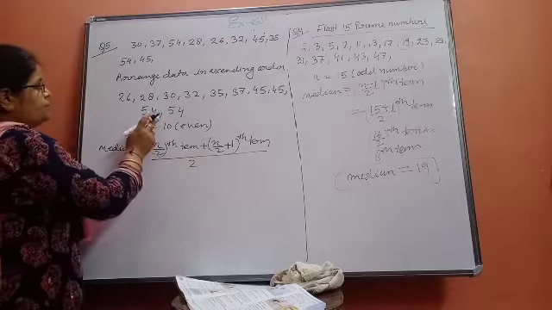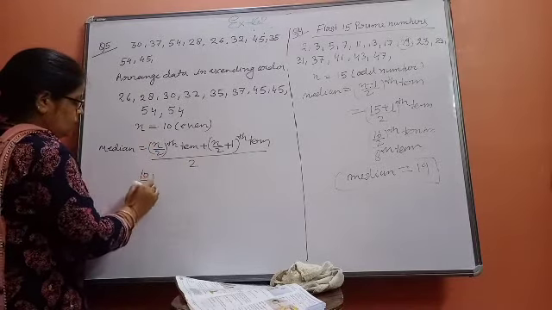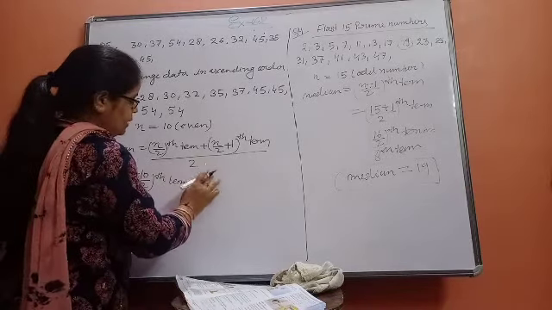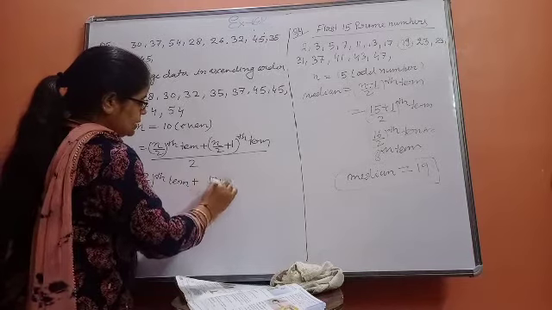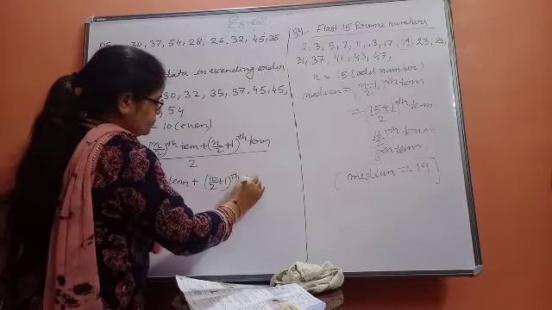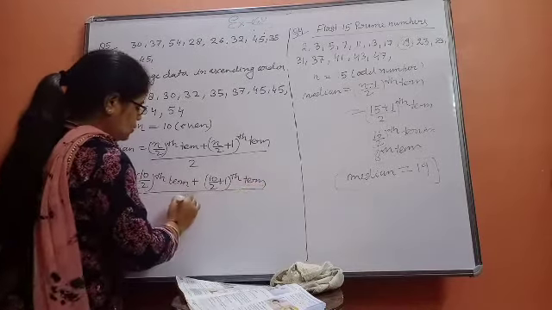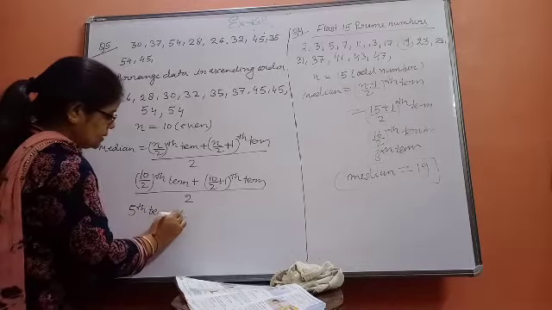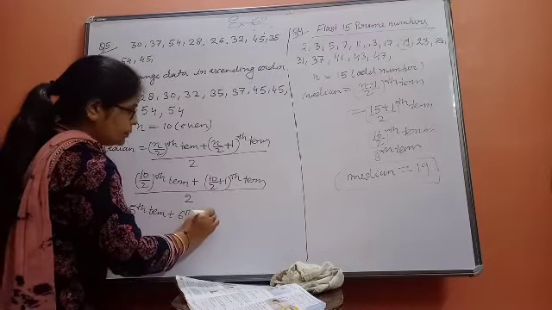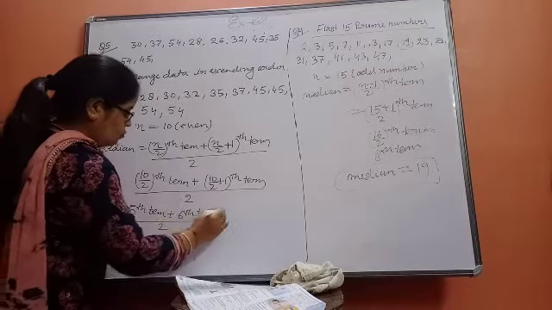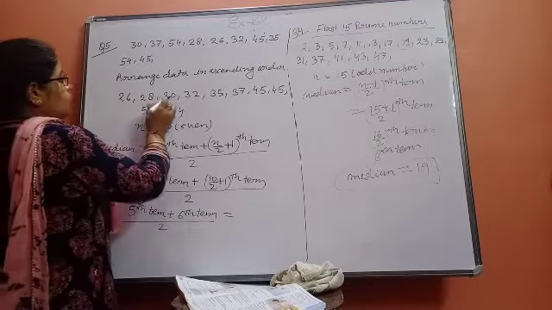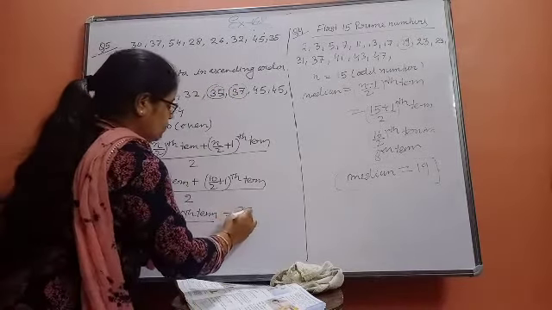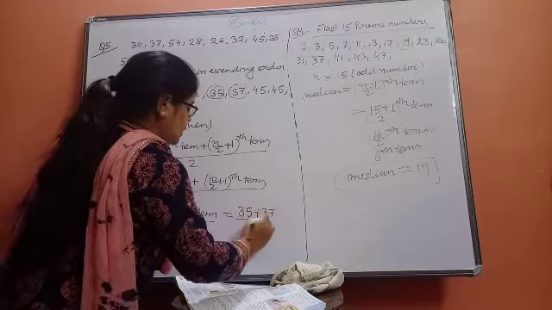So n upon 2 means, beta, 10 upon 2, th term, always write this, plus n upon 2 plus 1, that is 10 upon 2 plus 1, th term, divided by 2. So it will be the 5th term plus the 6th term, divided by 2. So the 5th term is, beta, how much? 1, 2, 3, 4, 5. 5th and 6th. See now, it will be 35 plus 37 divided by 2.